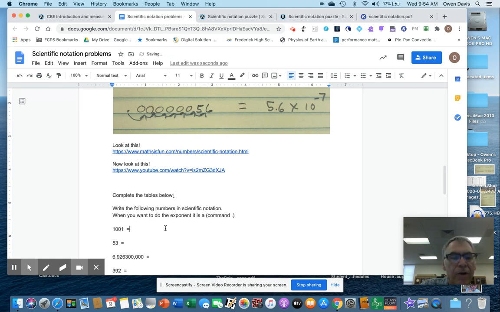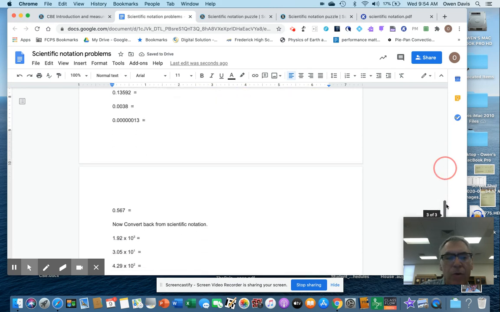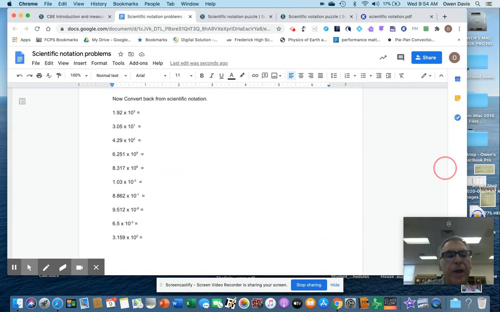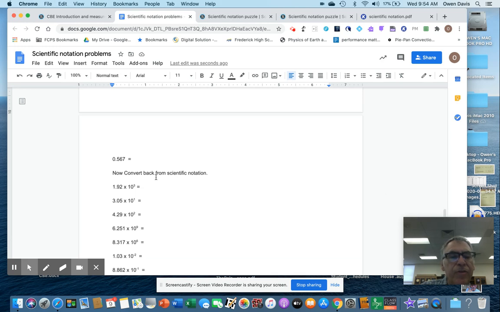So what we're going to do there is do that for those, and then at the bottom I have the opposite going on, where I have those written out, and you're going to write the numbers out. If this is 1.29 times 10 to the 3, then you have to move the decimal place to the right. You have to move it back, right?